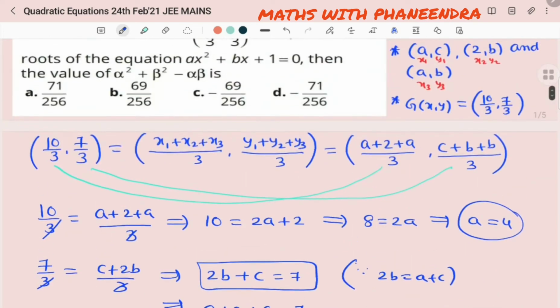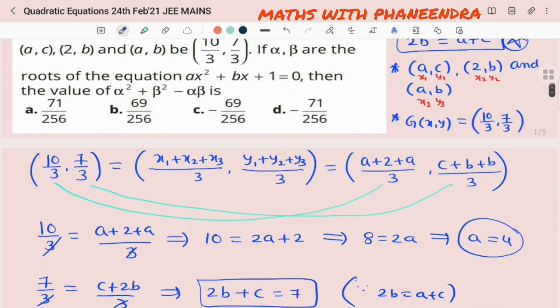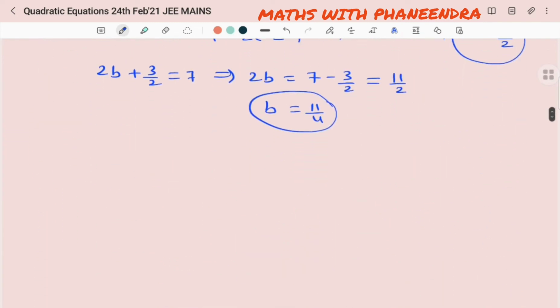Come to the question. Ax square plus bx plus 1 equal to 0, whose roots are alpha comma beta. Then we can write the sum of the roots and product of the roots.